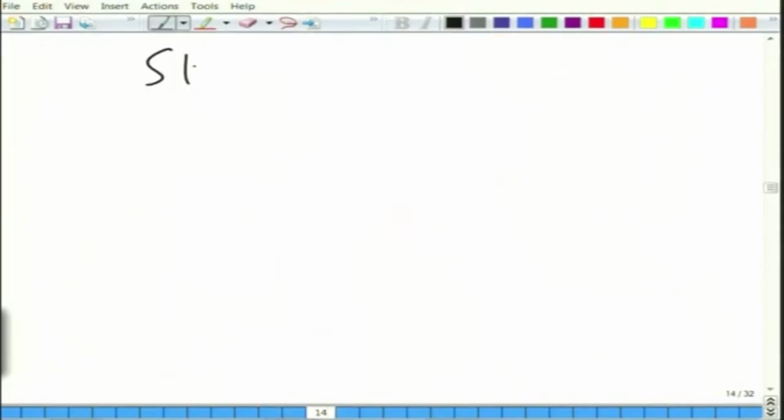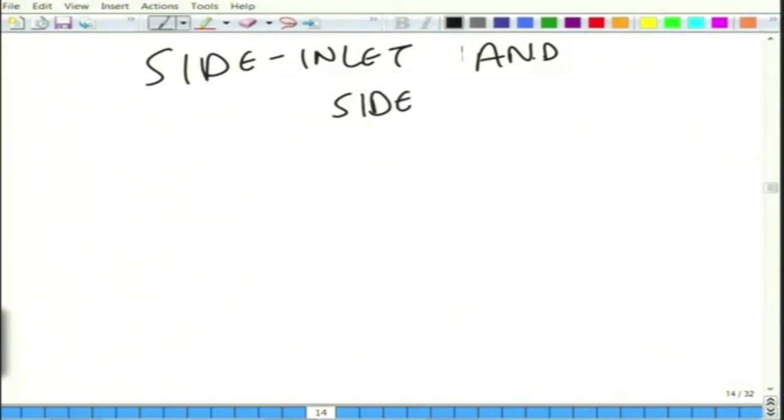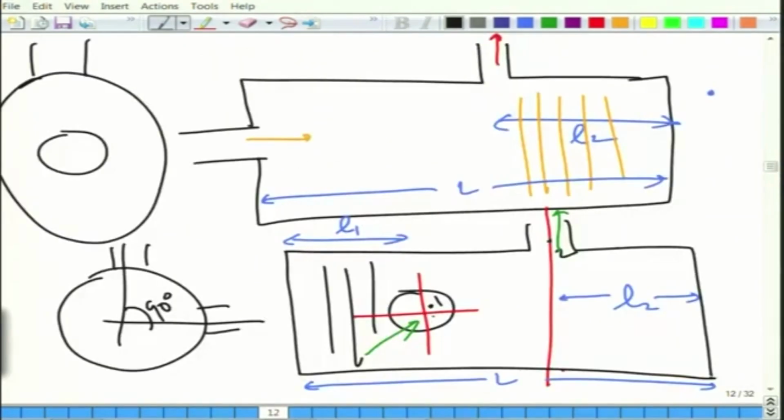So, for the side inlet and side outlet chamber, let us say this is P1, and the wave that goes here, let us say this point is 2 and this point immediately within this part is 3, or probably since we have already used 2, let me name it something different: 3, 4, this is 5 and this is 6.